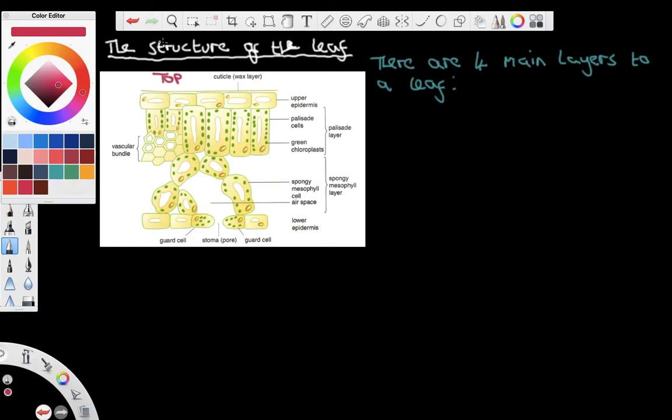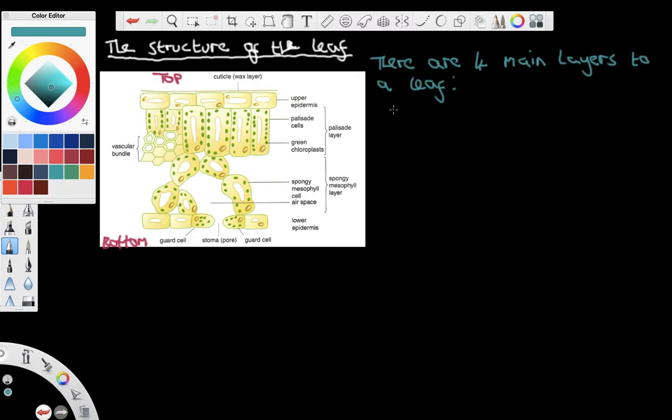So if you pull a leaf off of a privet or a tree, this is the top part of a leaf up here, and this is the bottom part down here. Okay? All of the other bits are found in between those layers, so we're talking a very, very small area. Okay?